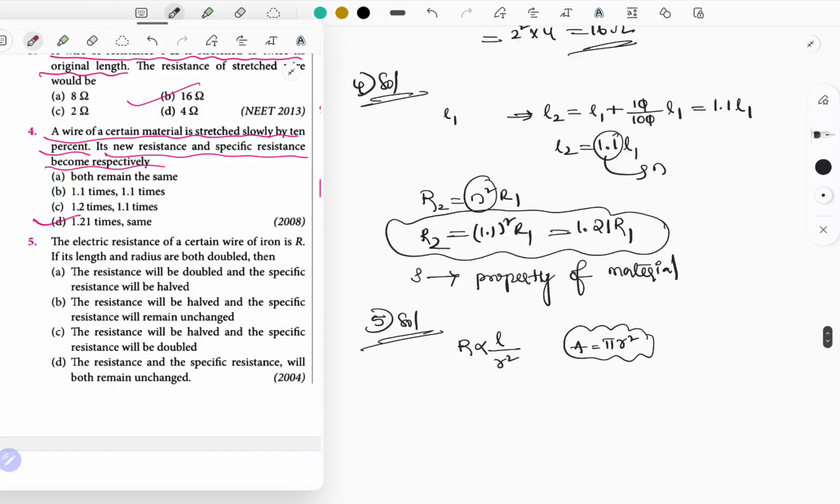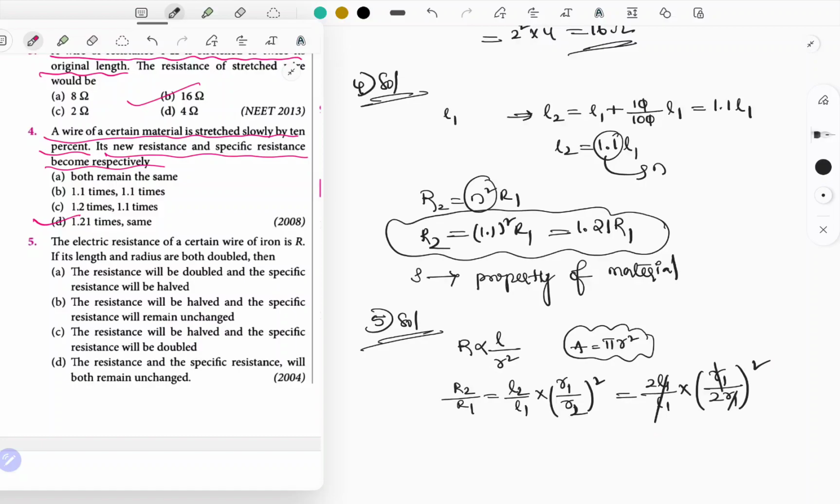So length doubled and the radius is also doubled, then R2 by R1 is equal to L2 by L1 into R1 by R2 whole square, where L2 is equal to 2 times of L1 divided by L1, then R1 by R2 is 2 times of R1 whole square.